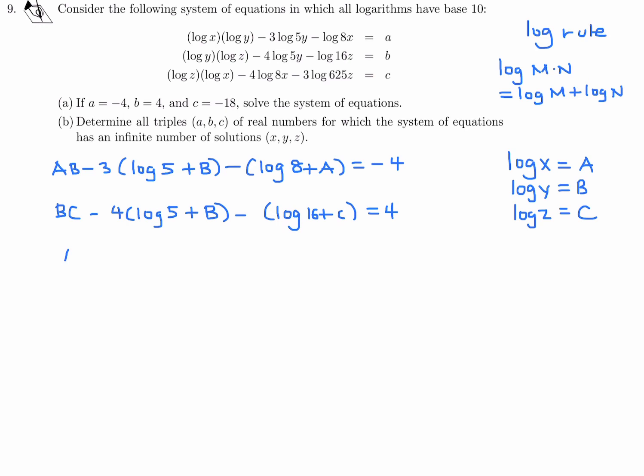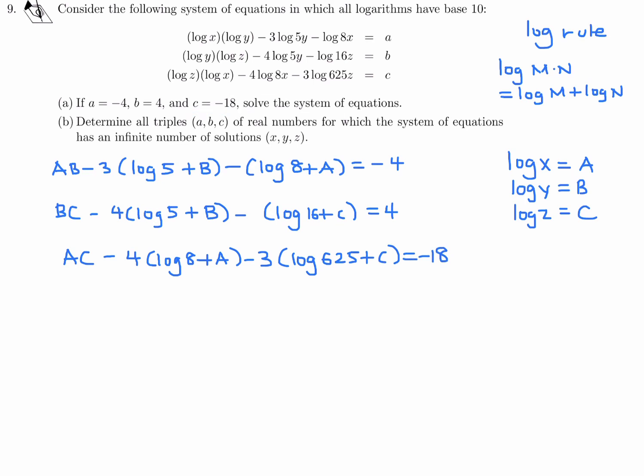And then the last, third one, ac minus 4 times the log of 8 plus a, and that is equal to minus 3 log of 625 plus c, and that is equal to negative 18, since c is negative 18.